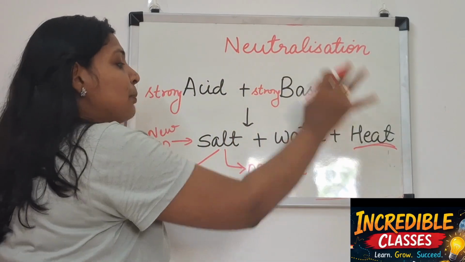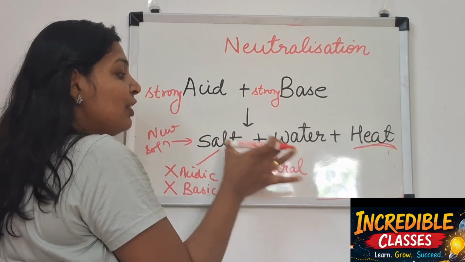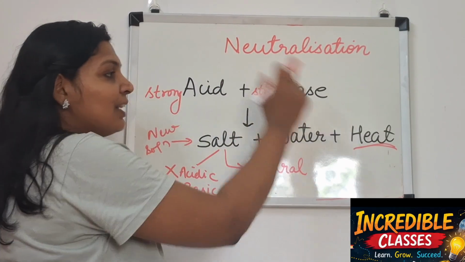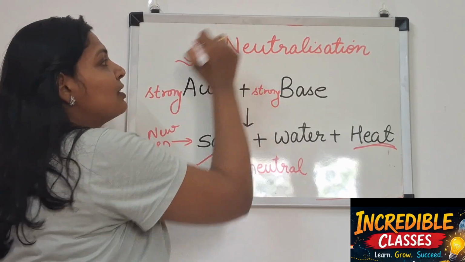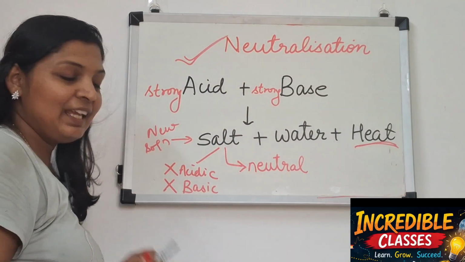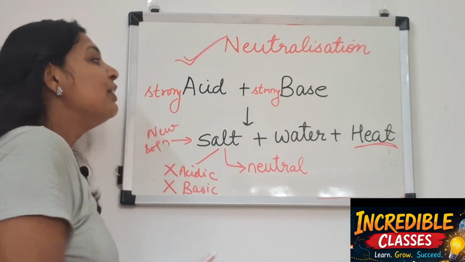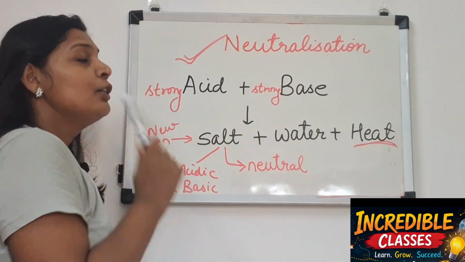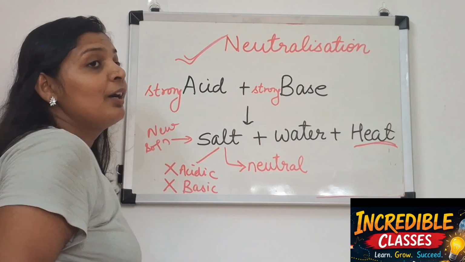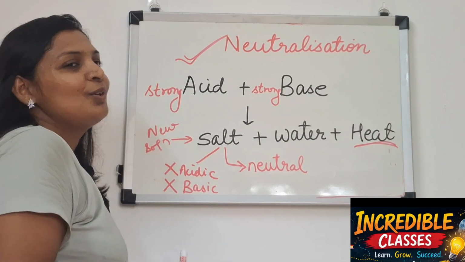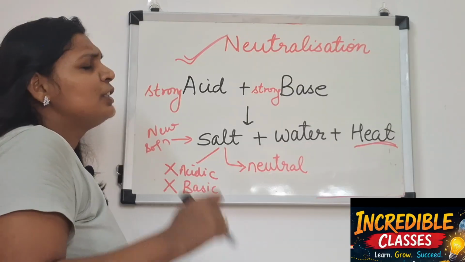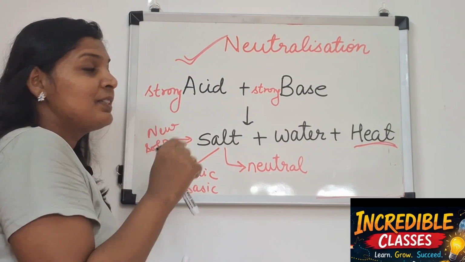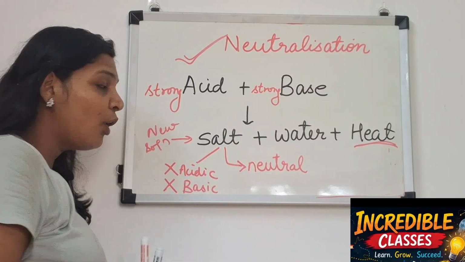Since in this process we get a salt which is neutral in nature, we call this process neutralization. If you add a solution of a strong acid to a solution of a strong base, we will get a new solution which is neither acidic nor basic, but neutral, and this neutral substance we call by a special name, salt.